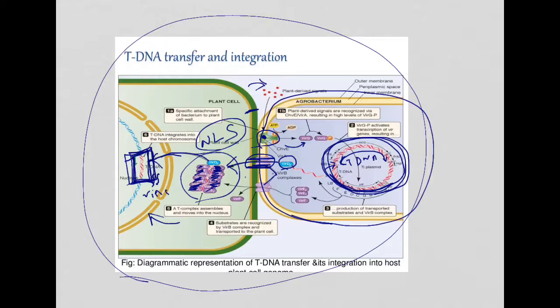Okay, these are called oncogenes because they are responsible for formation of the tumor. So the plasmid that we are using will be a recombinant one that will contain the gene of our interest and only the virulence genes. Okay, that will be responsible for transfer of the DNA.